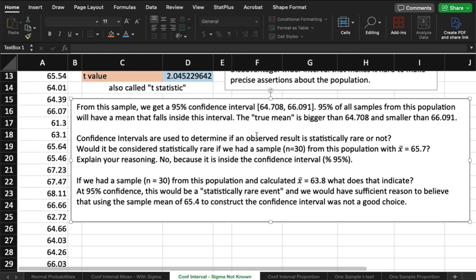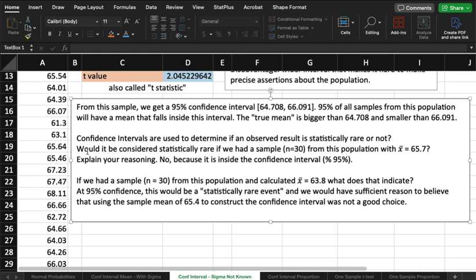So the true mean, then we can conclude, is bigger than 64.708 and smaller than 66.091 with a confidence of 95%. The probability of that statement being true is 95% or 0.95. So basically, confidence intervals are used to determine if an observed result is statistically rare or not.